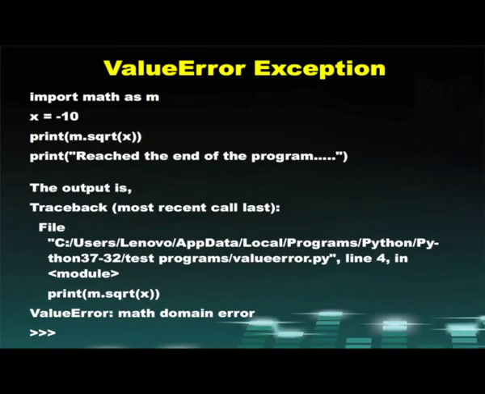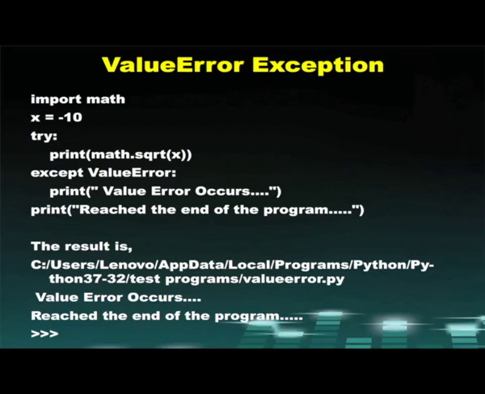Let us do one more exception, the value error exception. Value error exception occurs when a function receives an argument that has the right type but an inappropriate value. Let us see an example. So, in this script, we are passing a negative number to the square root function. You cannot find the square root of a negative number, so it leads to value error.